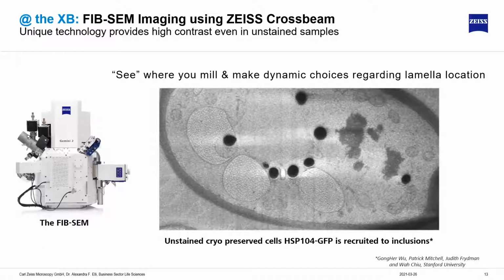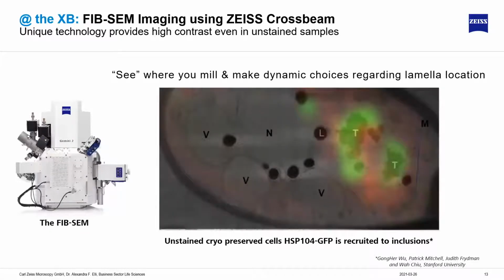Even in this unstained state and when captured using low acceleration voltages, this is shown in the image, where cellular components are clearly distinguished from their surroundings, and the fluorescence scan is also shown in the overlay.